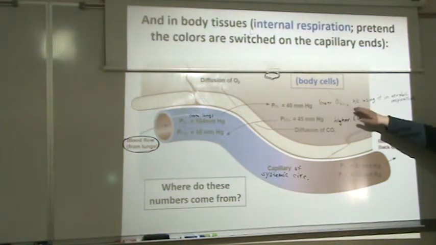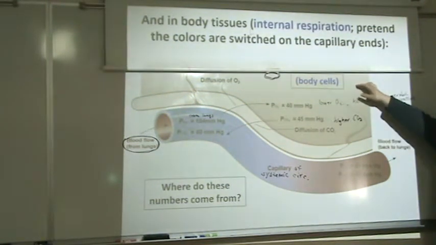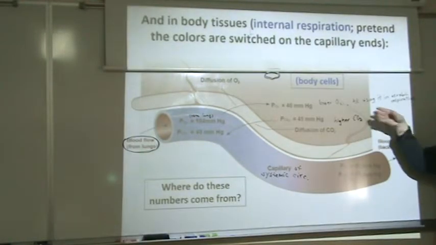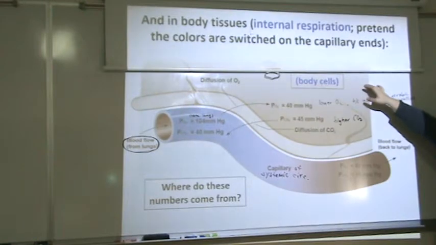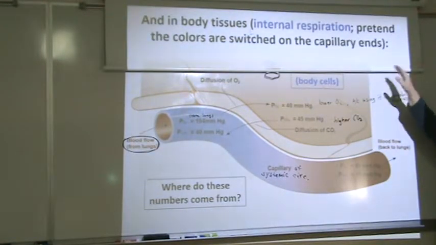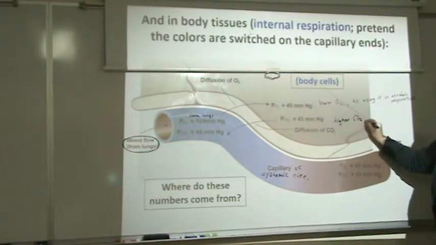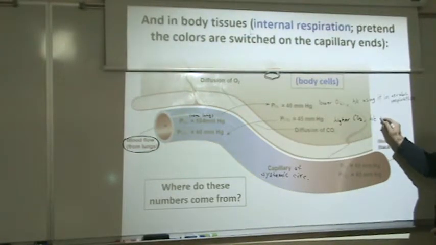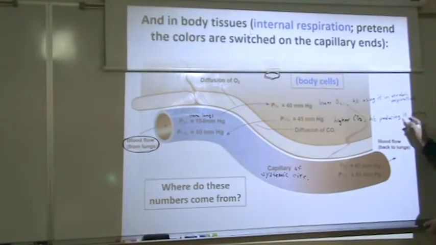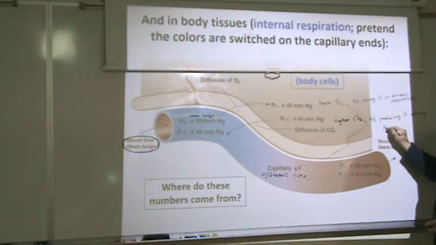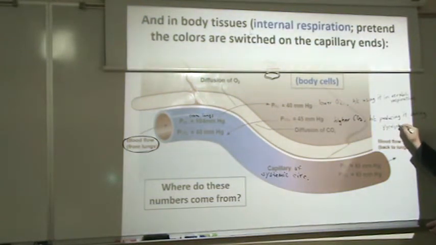So if you're alive, you're using oxygen and your cells are always using it up. They should not be taking breaks. They should not be using a little bit less today. They're always using it up. That's why it's low. We've got higher CO2 because we're producing it during glycolysis and during the Krebs cycle.